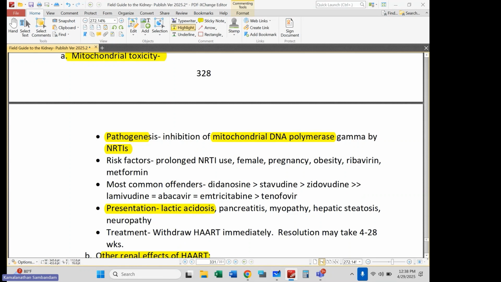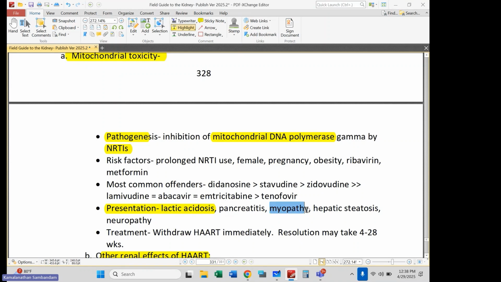So lactic acidosis is a feature. And sometimes this is mild and subtle. So you can have patients that are on NRTIs that don't feel terribly bad, but have this little bit of metabolic acidosis that has a mild anion gap elevation, and you can truck along for months and years with this form of metabolic acidosis.